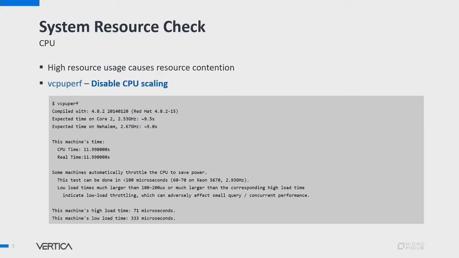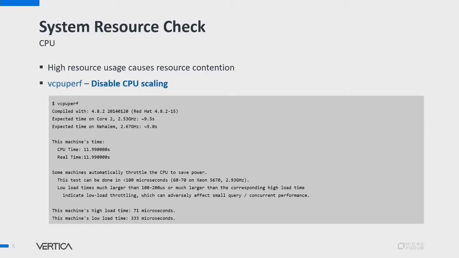The VCPUPerf tool helps testing CPU performance. It gives the info on expected runtime on different CPU types and the runtime on the test machine. The test result should be equal to or better than the expected runtime for a given processor type.